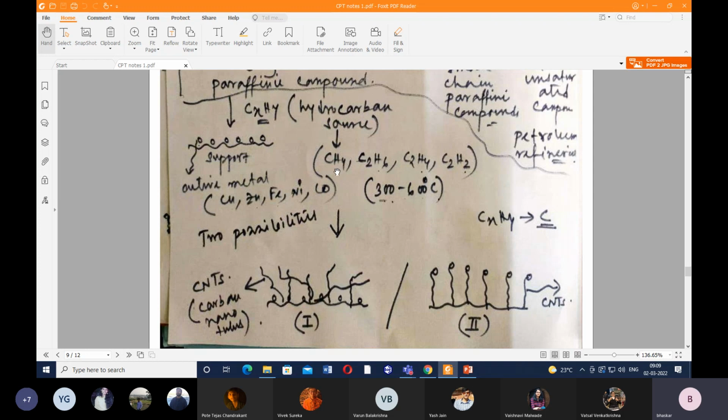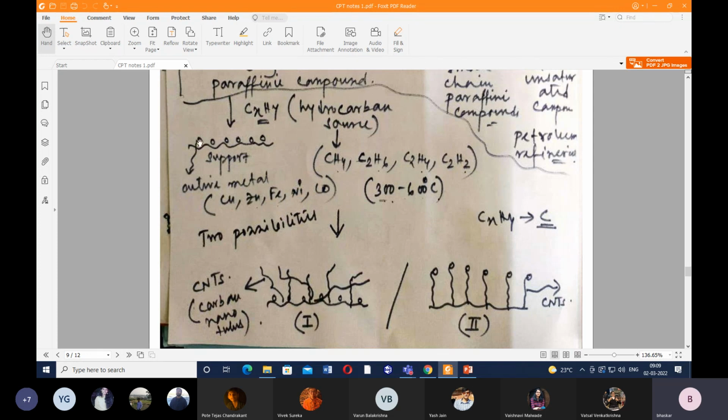Suppose we are talking about hydrocarbon molecules with 1 or 2 carbon atoms, like CH4, C2H6, C2H4, C2H2. On the surface of the active metal, they will decompose or crack into elemental carbon. So what would be our active metal? Our active metal is copper, zinc, iron, nickel, cobalt.